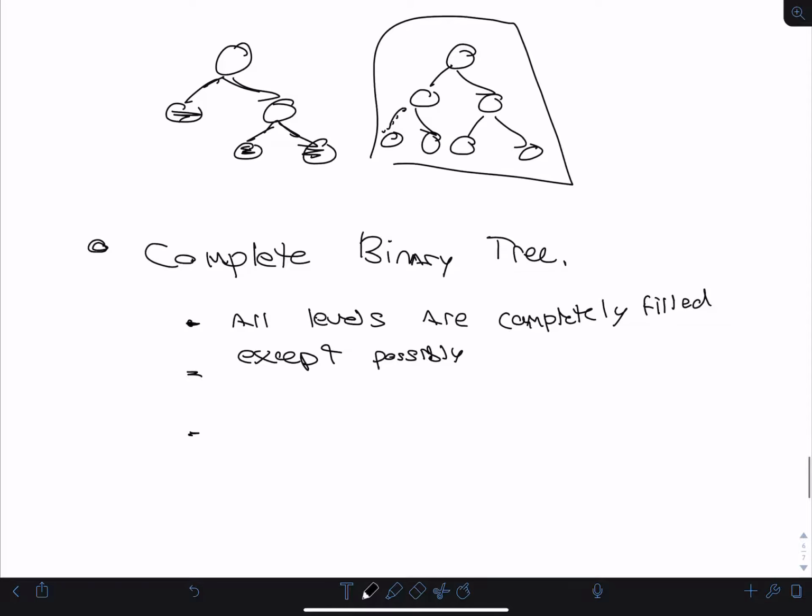Okay, but if the last level is not full, it may still be complete as long as all nodes are to the left.